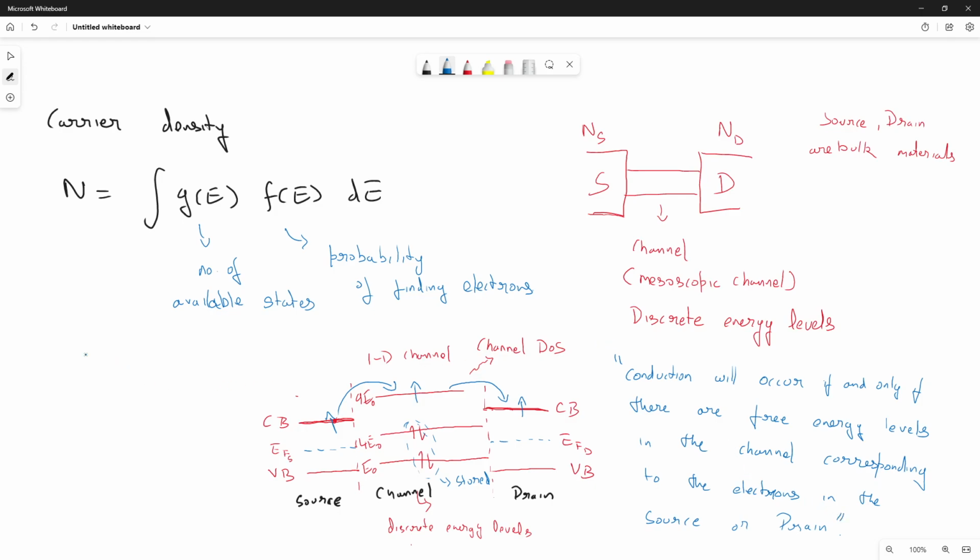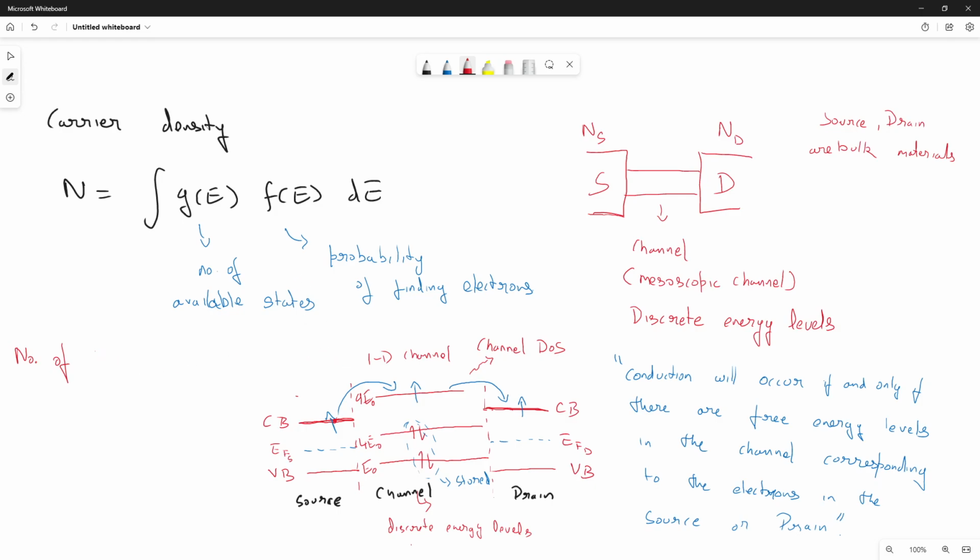Now, the last part. We are finishing today's session. So first concept: do you remember the number of energy states available from E to E plus dE is the density of states.